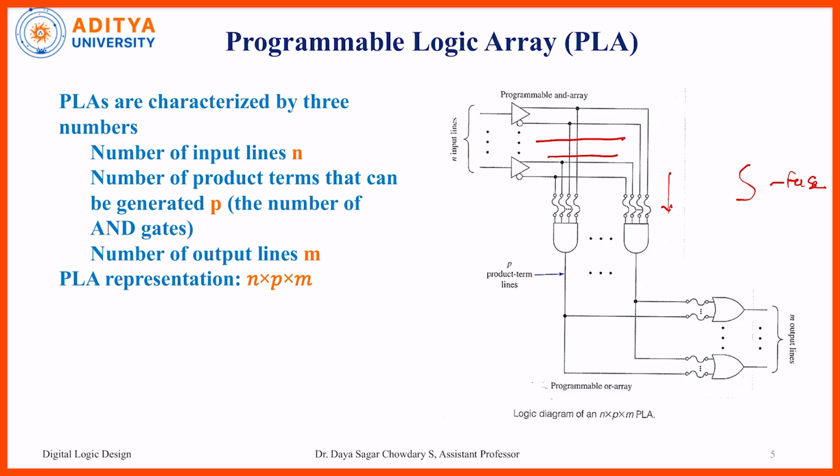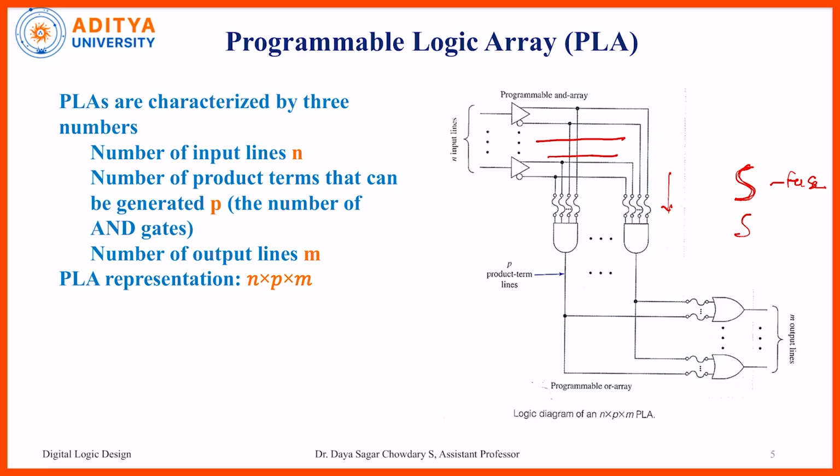We modify this PLA according to our requirements. This is a fuse. If we want to use this fuse, we can keep it, or otherwise we can blow it out. That means we can simply damage this fuse by applying some high power.